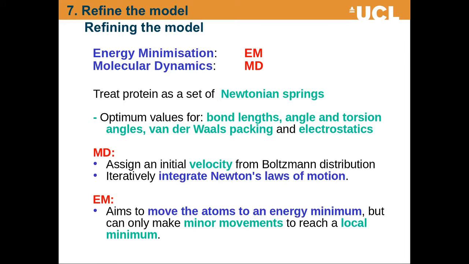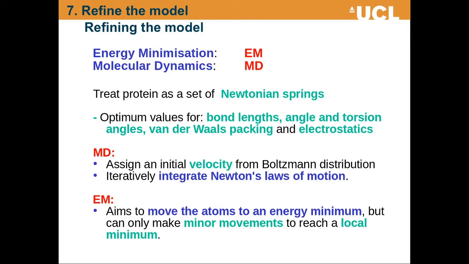The seventh step in the process is to refine the model. And there are two ways of doing this. I'm not going to go into any details about these, but they're known as energy minimization and molecular dynamics. Both of these approaches essentially treat a protein as a set of Newtonian springs obeying Newtonian physics.